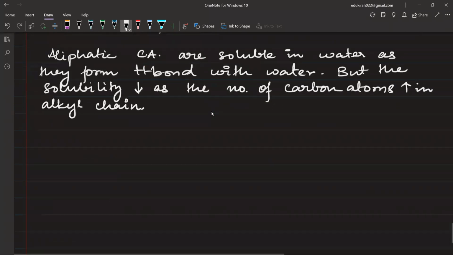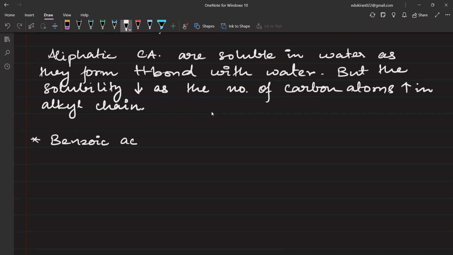And that is why benzoic acid, which has 6 carbon atoms, is not soluble in water. Please write benzoic acid is not soluble in water.